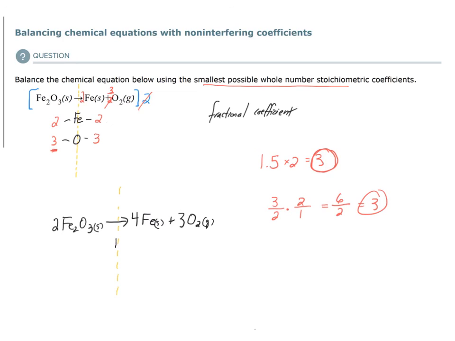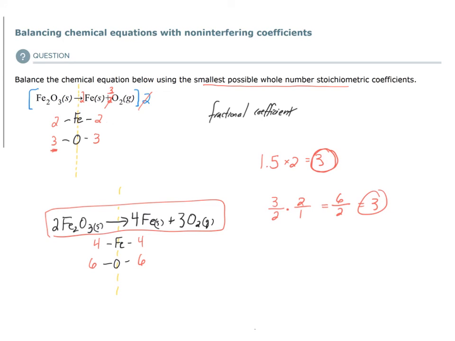So on the left and the right, again, I see iron and oxygen atoms. Let's do a count. 2 times 2, 4 iron atoms on the left. 1 times 4, 4 iron atoms on the right. Oxygen, 6 atoms on the left, 6 atoms on the right. This reaction as written is now balanced.